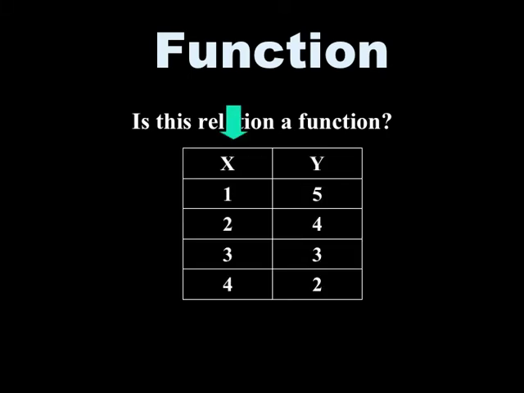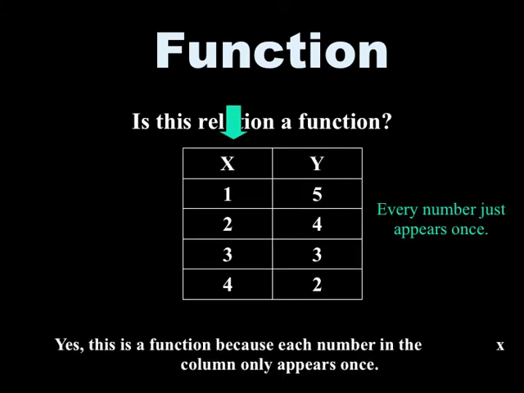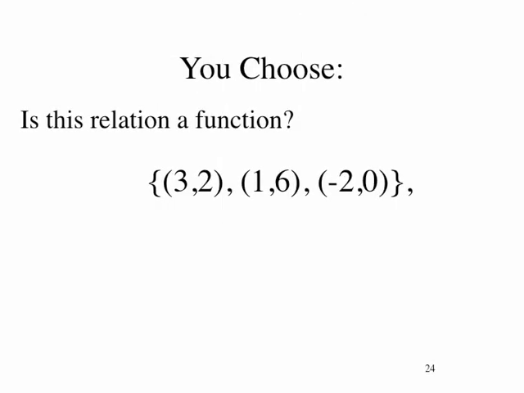And what about this one? Every number appears only once, so I do have a function. Try this one. Is this relation a function? A little tricky because it's listed in ordered pairs, and we don't have a test for ordered pairs.